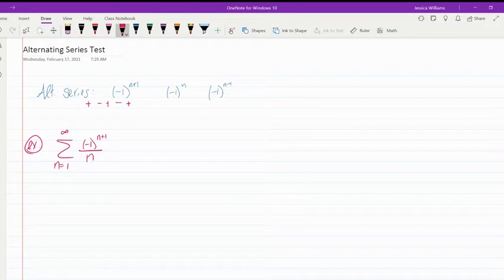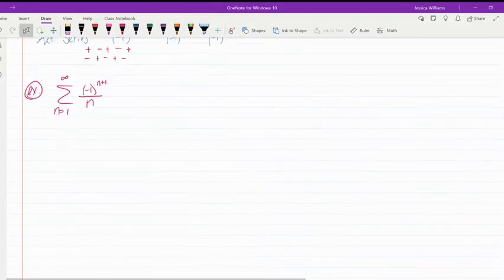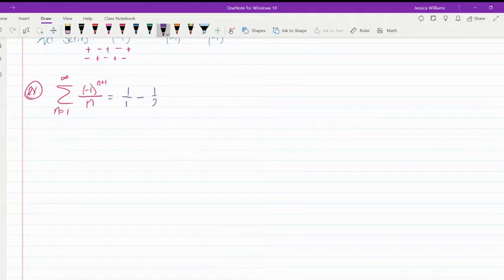Like even if it has a pattern, it has to switch signs every term. It could start negative and that's still okay. But it's got to be back and forth every time. All right, so let's list terms of this series. So the first term of this series is going to end up being positive because I'm going to have -1 squared. The second term of the series is going to be negative, and then positive, and then negative.